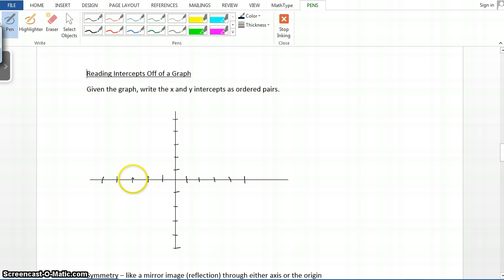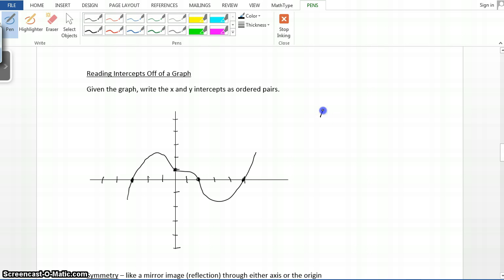Alright, and put these dots exactly where I have them, and then we're just going to try to sketch this graph the way that I have it, and then we'll practice reading these intercepts off and writing them as ordered pairs. Alright, so let's just sort of make it come up through here, sort of curve through here, go down, and come back up this way. Again, as best you can sketch that in your notes, go ahead and do that. What we're focusing on are the intercepts, so make them cross at those tick marks.